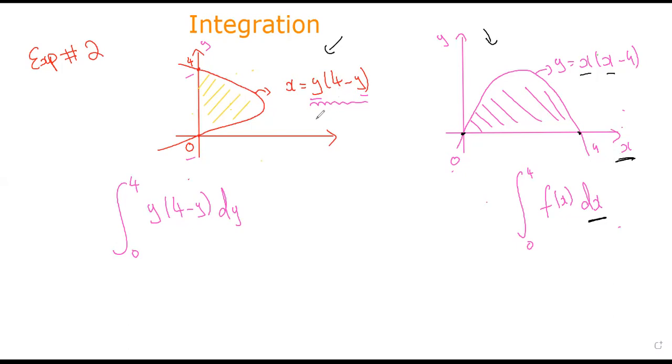The area is bounded between the y-axis and the curve. That means the story is different. You will be integrating with respect to y. The variable in your curve would be y, and the limits would be on the y-axis. Okay, this is the difference which you need to understand. Any doubts in this? Are you comfortable with the difference in both of them?